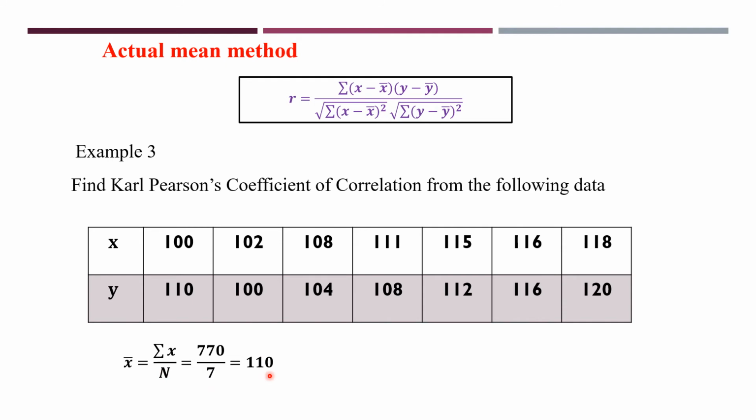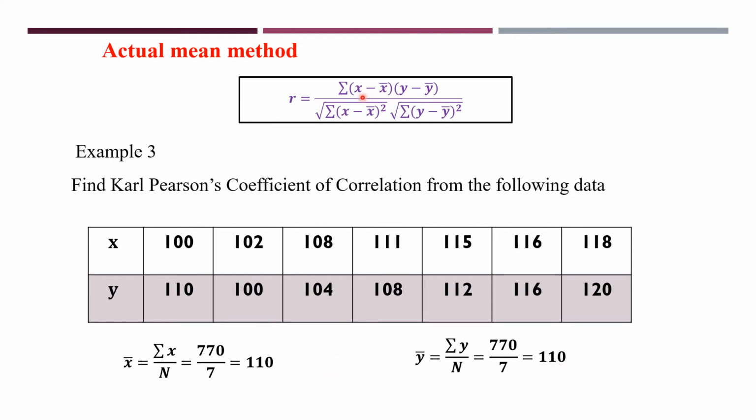So we get 110. Similarly, y bar is the summation of y divided by the total number. So y bar will become summation y upon n. Y bar is also equal to 770 upon 7, that is equal to 110.